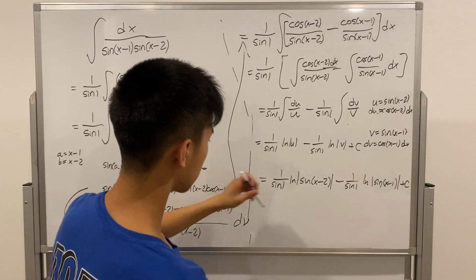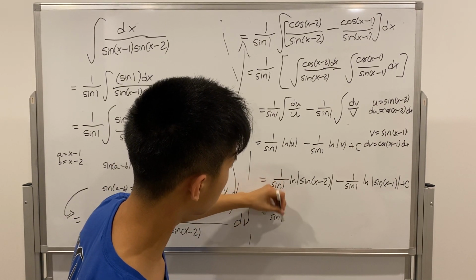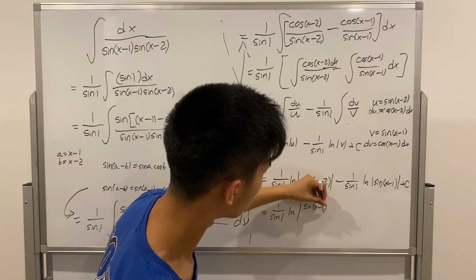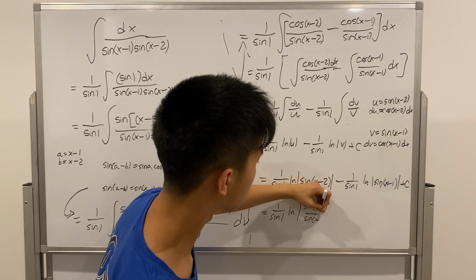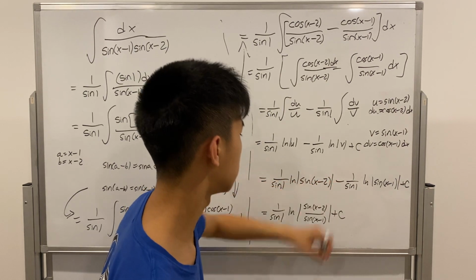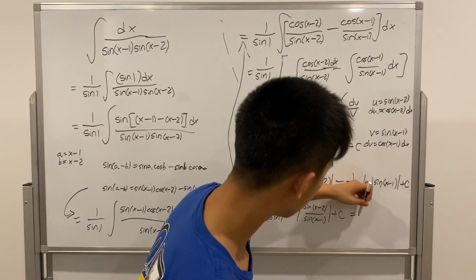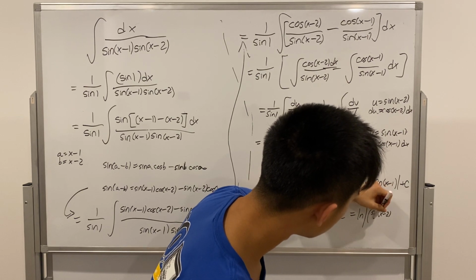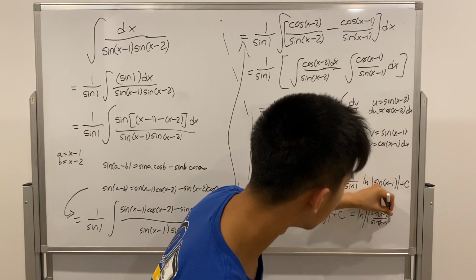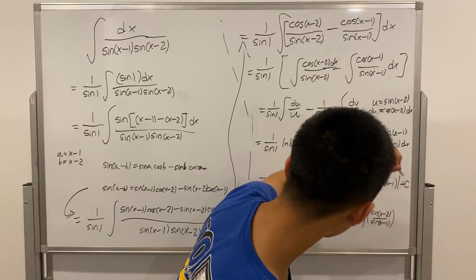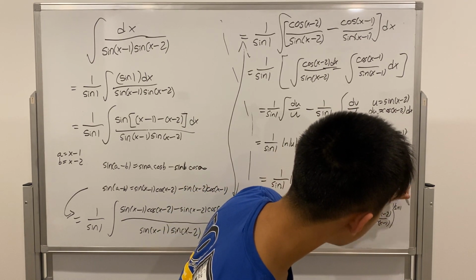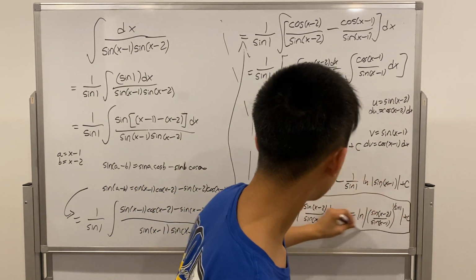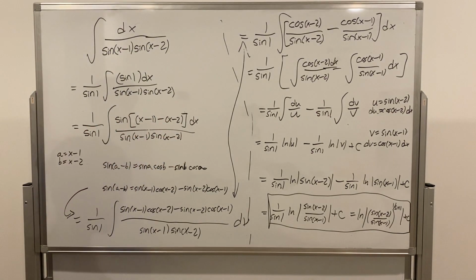So we get this equal to 1 over sine 1 of ln of sine of x minus 2 over sine of x minus 1 plus c, or ln of sine x minus 2 over sine x minus 1 raised to the 1 over sine 1 power plus c. So this is our final solution, I guess.